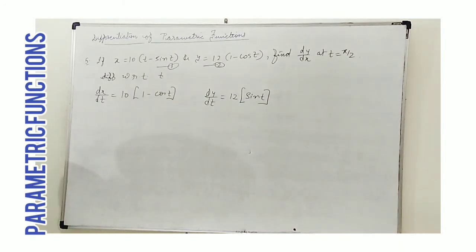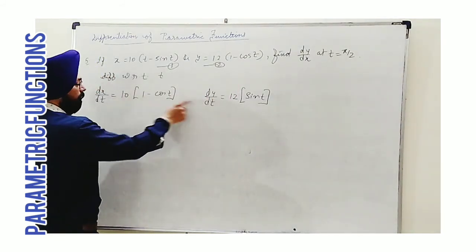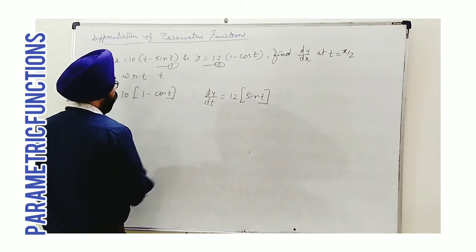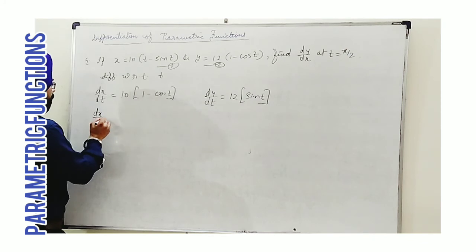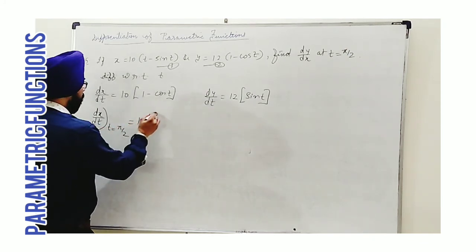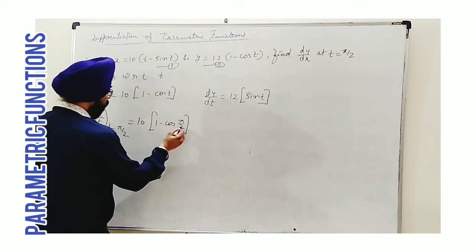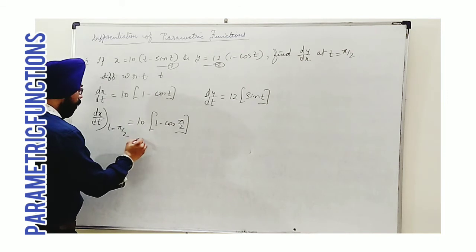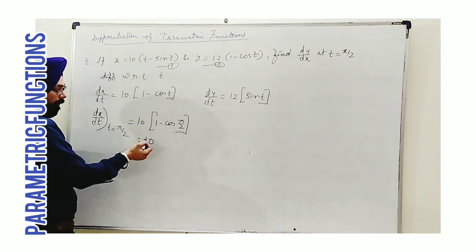Now as we need dy by dx at t equal to pi by 2, dy by dx is to be obtained by the division of these two differentials. So we will find dx by dt for t equal to pi by 2. This will turn tan into 1 minus cos pi by 2, and the cos value at pi by 2 is 0, so 1 minus 0 is 1, times tan.